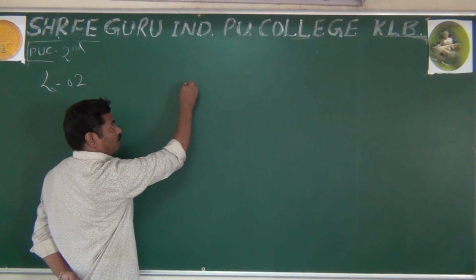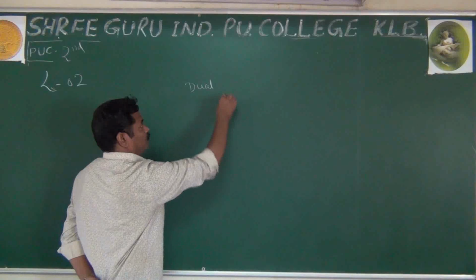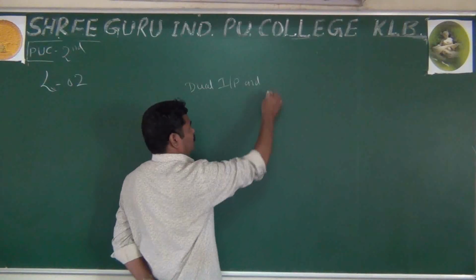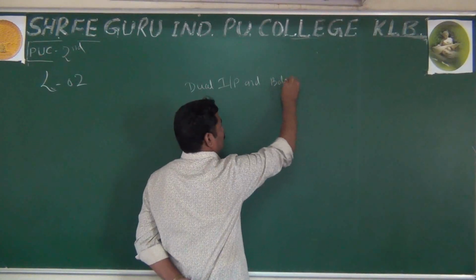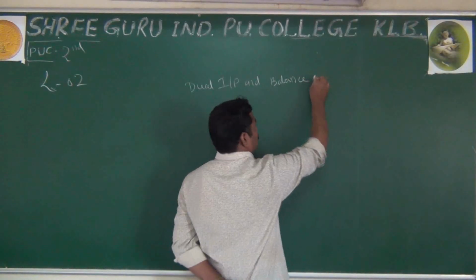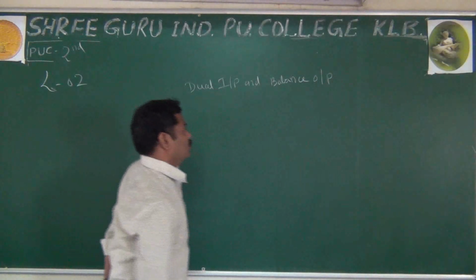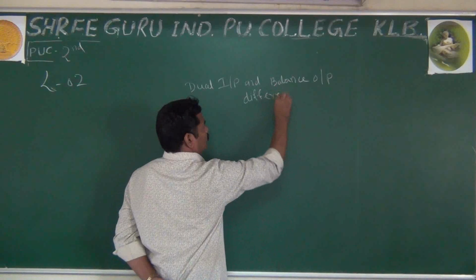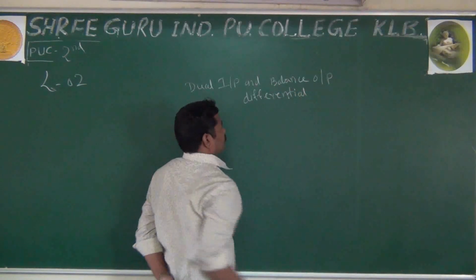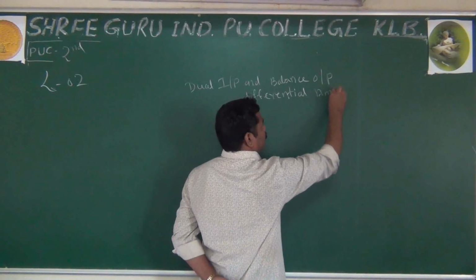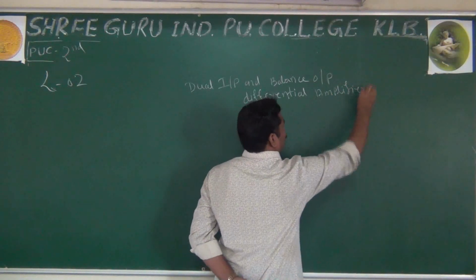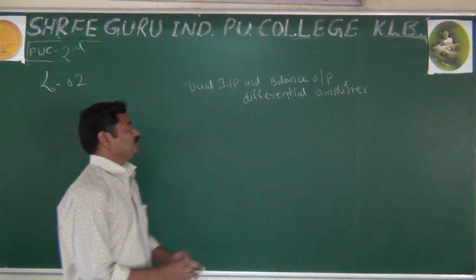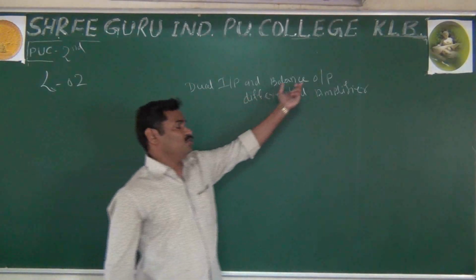So for the dual input and balanced output differential amplifier, the working principle: as I said here, you are applying the two inputs and also you get the outputs.